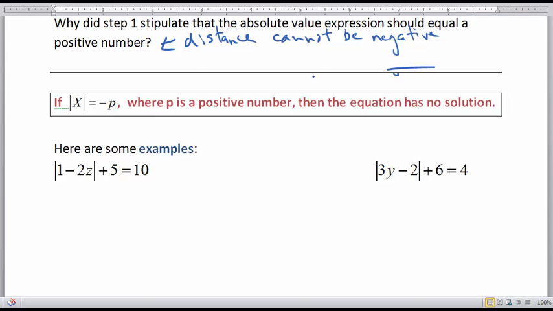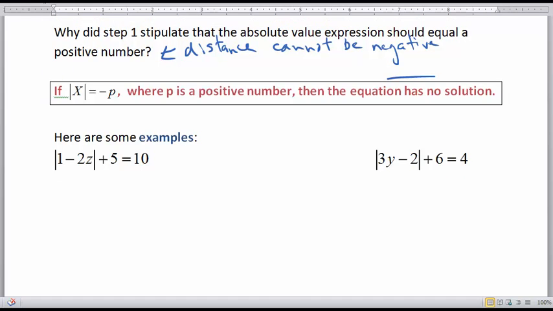So what I have in this box says that if you end up with an absolute value expression equal to a negative number, then the equation would have no solution. The reason is that if you think of absolute value as distance, distance cannot be a negative number. So if you have an absolute value equal to a negative, there's going to be no solution.